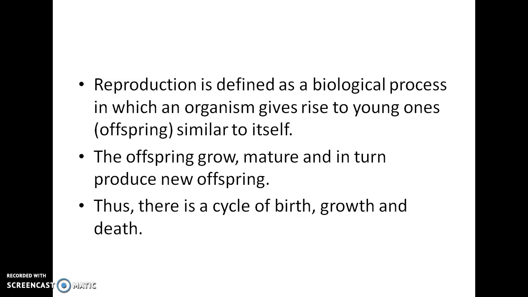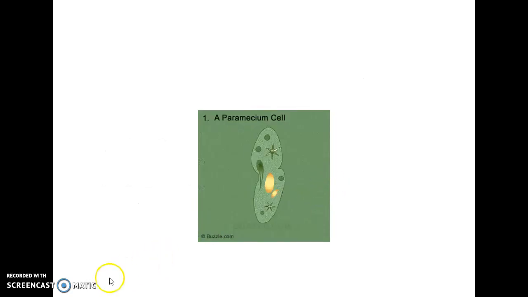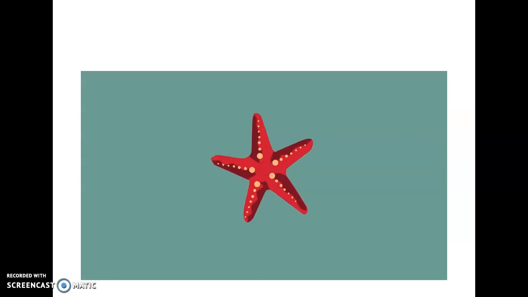You know that there is a large diversity in the biological world, isn't it? See, here the paramecium cell divides and produces new organisms. In lower classes, you might have studied reproduction in lower organisms. In our world, each organism has evolved its own mechanism to multiply and produce offspring.